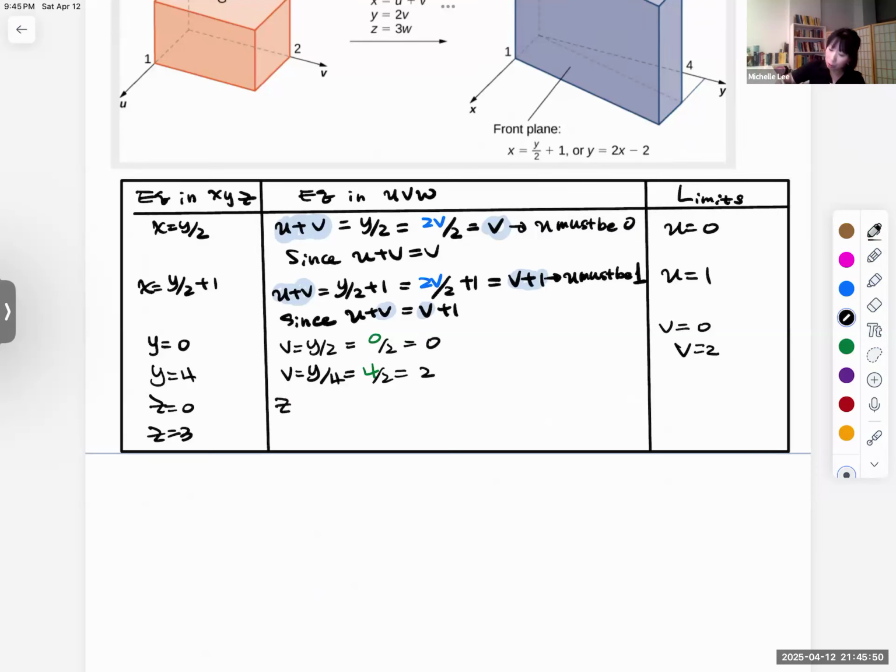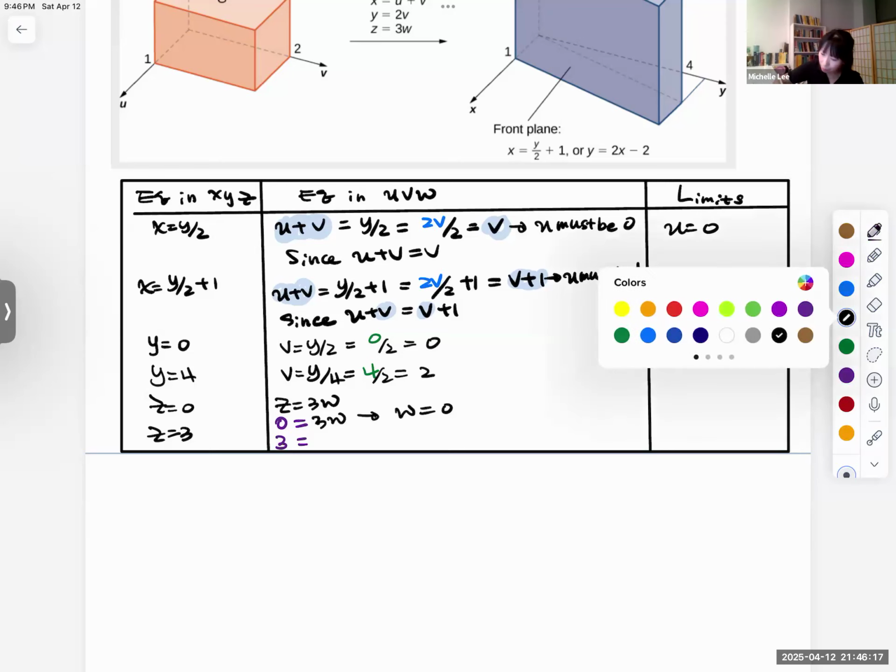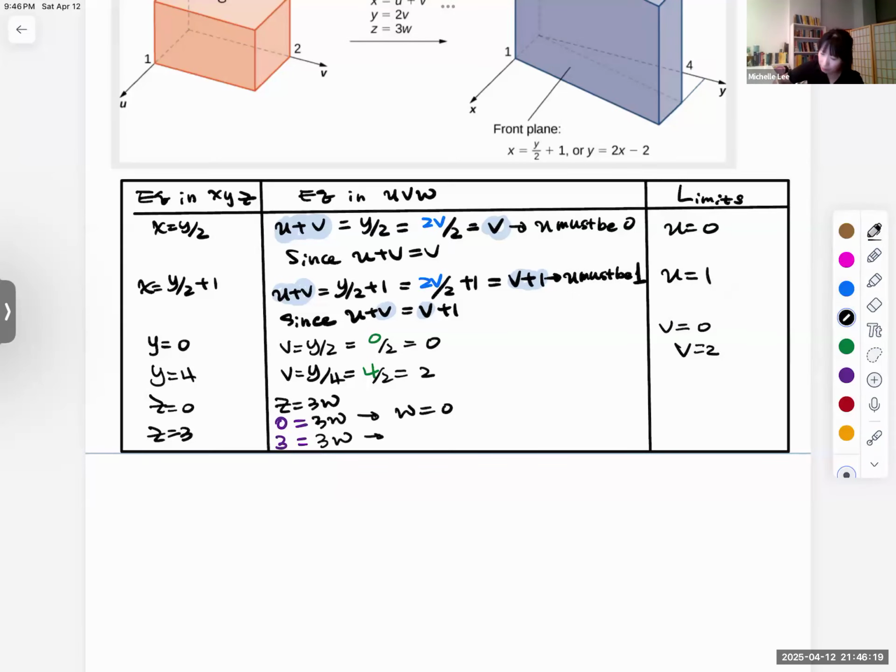We knew z equal to 3w from solving for z previously, so 0 equal to 3w, that is w equal to 0. z equal to 3 means 3 equal to 3w, so w equal to 1. So we have a lower limit w equal to 0, and upper limit w equal to 1.